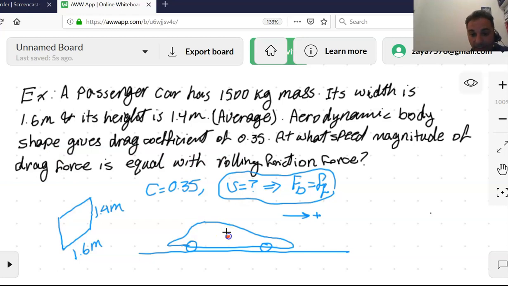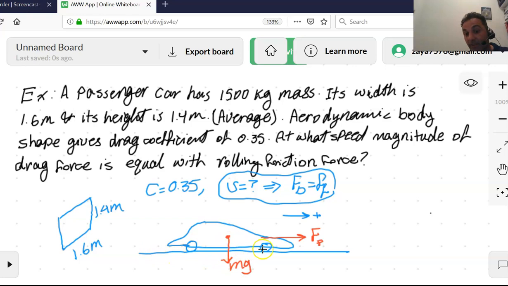As you know, we always have one force that is a pulling or pushing force. This is called propulsion force or engine force, so I call it FP. FP means pulling or pushing force, or propulsion force. The second force that we always have, and always remember, is mg, the force of weight.